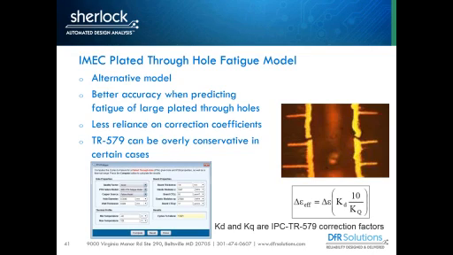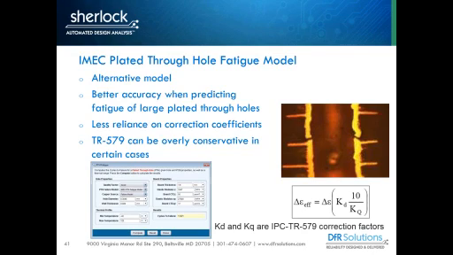One of the things I like about this model is that with the IPC TR579 model, there are some calibration or correction factors that the user has to know something about plated through holes in order to determine. That's this KD and KQ. And again, definitely read the IPC TR579 documentation.